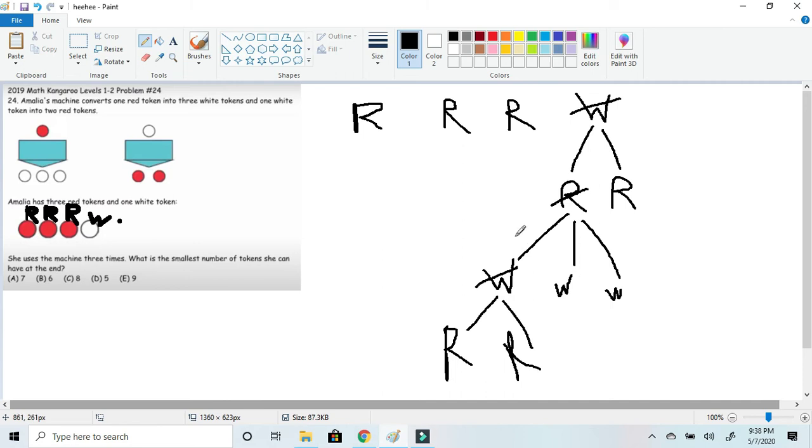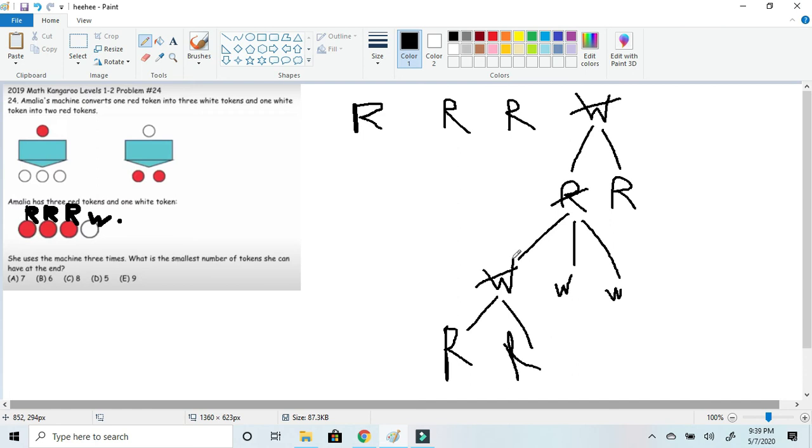So the model shows here, as we're going to be explaining now, that we have the 3 R's and the 1 W. But we turned the 1 W into 2 R's, but we had to also cancel out the W for that. And we cancel out R because we transferred that R into 3 whites, as the machine will show here.